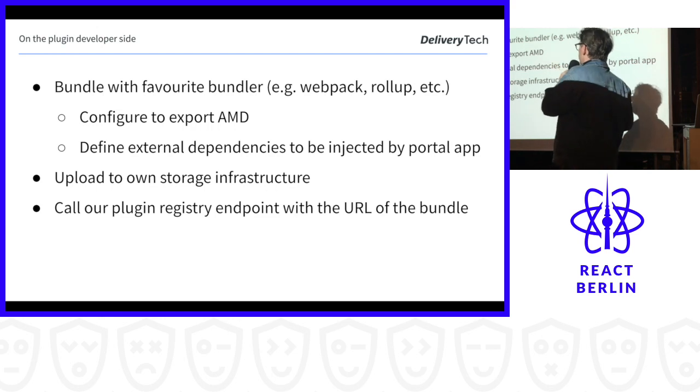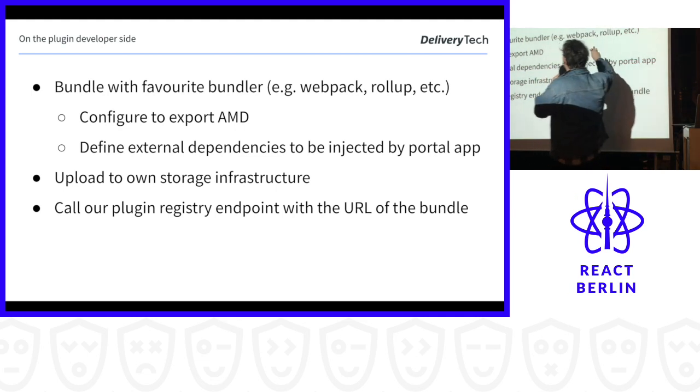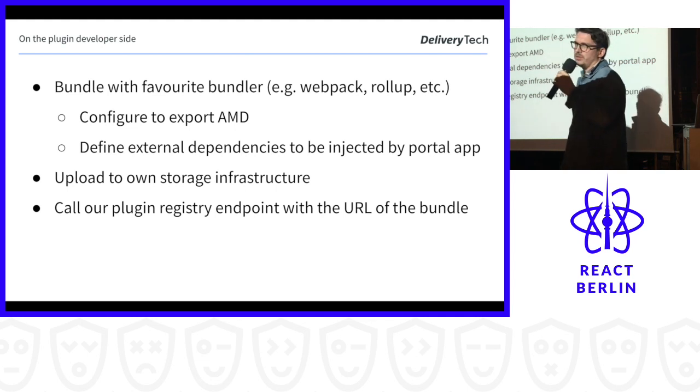What they need to do when they finish developing, or want to see the first results, is use their favorite bundler. We have pre-configured Webpack, and most of our developers use Webpack, so it's easier, but any other bundler like Rollup also works.